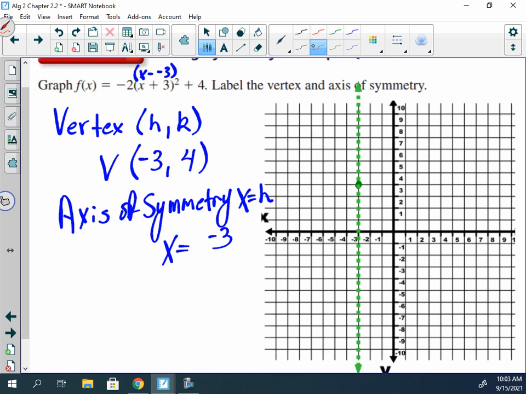Now I can just pick a point for x at negative 2 and plug it in. So we could say negative 2, parentheses, negative 2 plus 3 squared plus 4. I'm just plugging this in. I just picked a point.